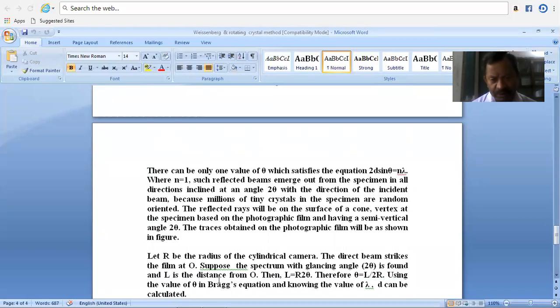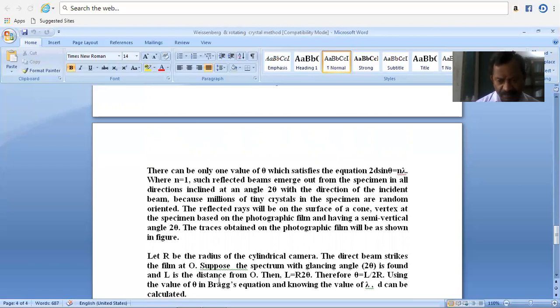Suppose the spectrum with glancing angle theta is found, and L is the distance from O. Then L equals R into 2 theta.